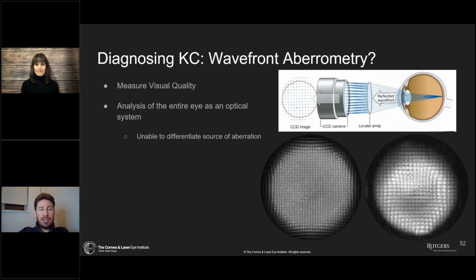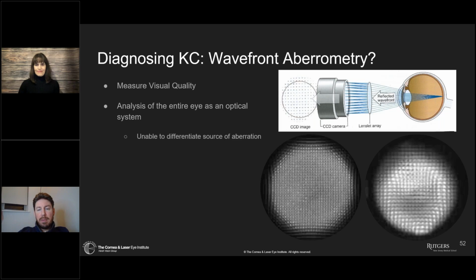The wavefront aberrometry is looking at an analysis of the eye as an entire optical system. So this instrument alone will not be able to diagnose keratoconus definitively, but it can give you a very good idea that keratoconus might be present, because certain patterns and aberrations are associated very highly with keratoconus.